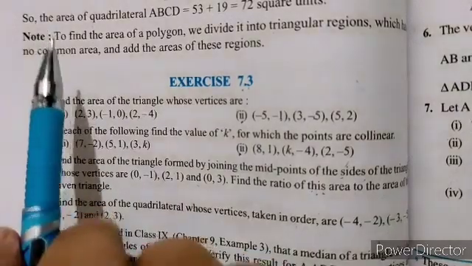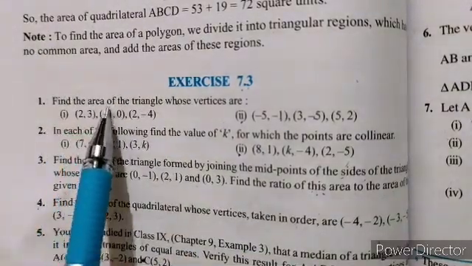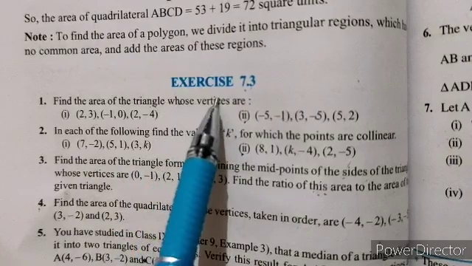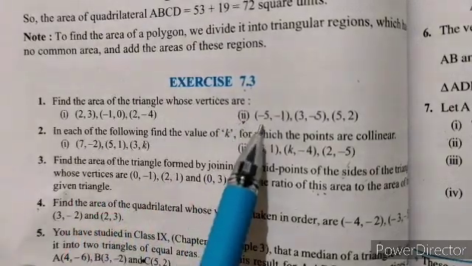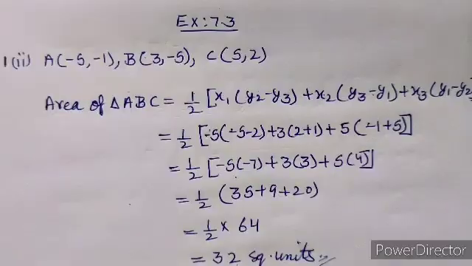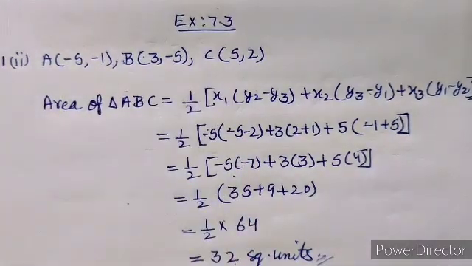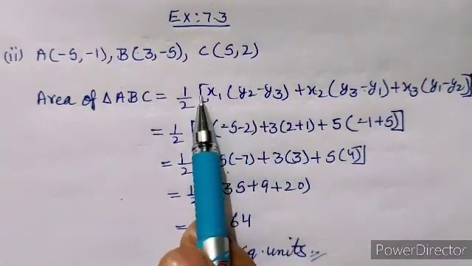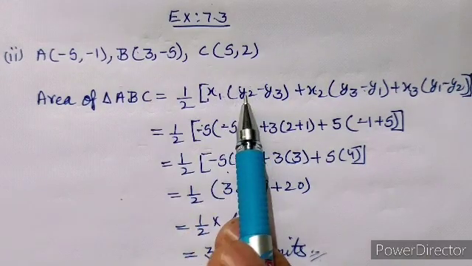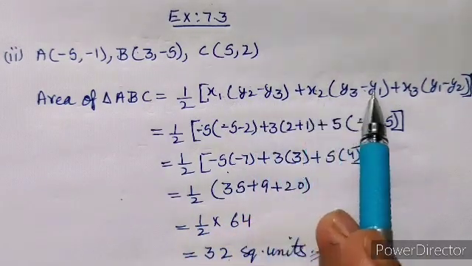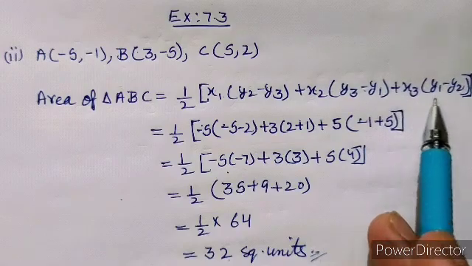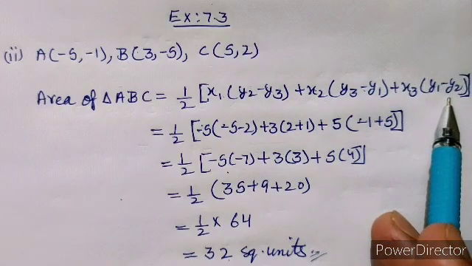Now first question of exercise 7.3, we have to find the area of triangle whose vertices are given to us. I am doing second part of it. Vertices of triangle ABC are given to us. So area of triangle will be half x1 into (y2 minus y3) plus x2 into (y3 minus y1) plus x3 into (y1 minus y2).